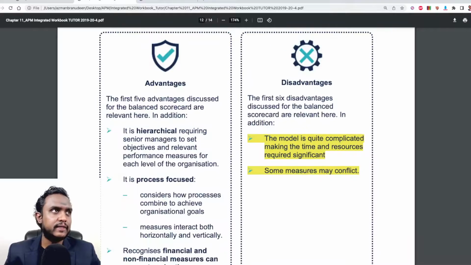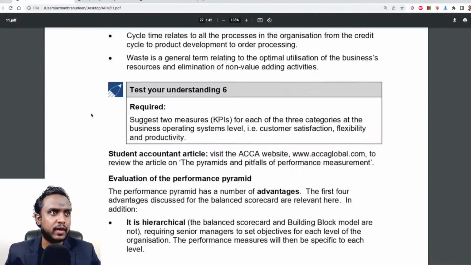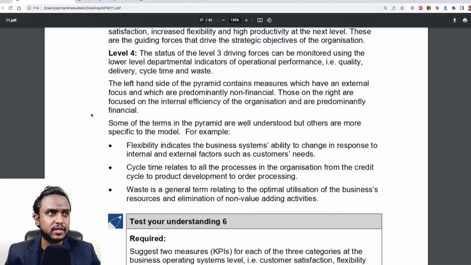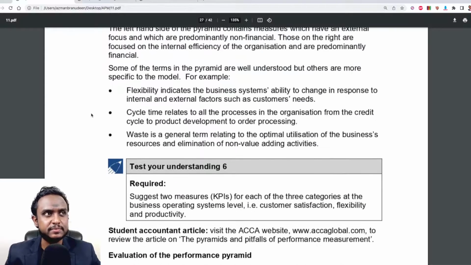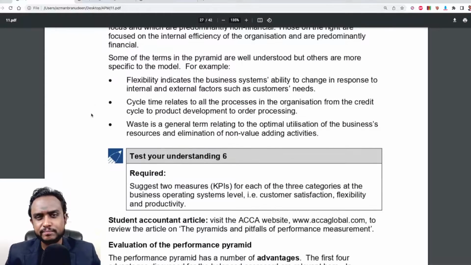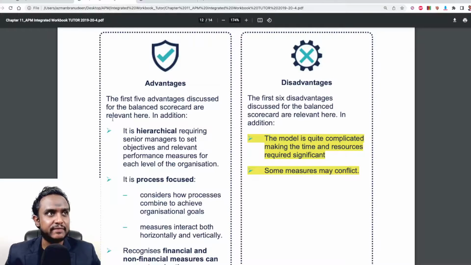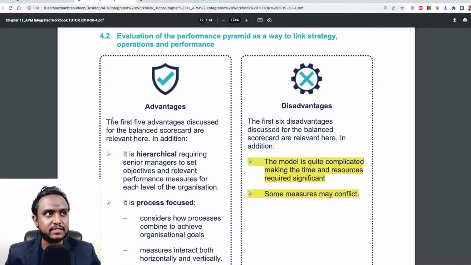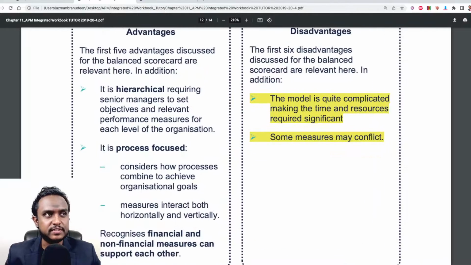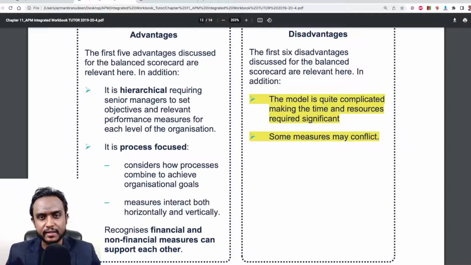Okay, so there are things for you to read more, just some additional descriptions in terms of understanding them. But the next component we will be looking at is the evaluation of the performance pyramid as a tool. The general advantages that were looked at in both balanced scorecard and performance building block are relevant here. In addition to that, this is hierarchical, as you can see.